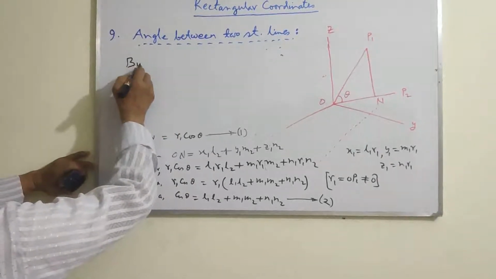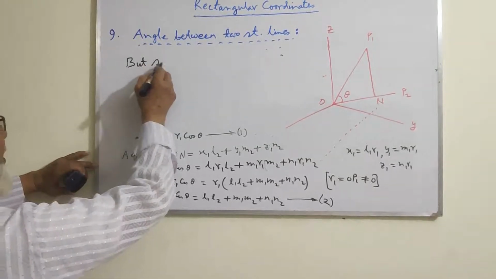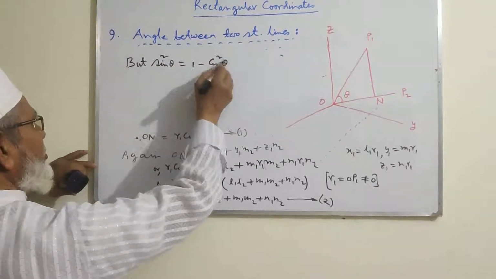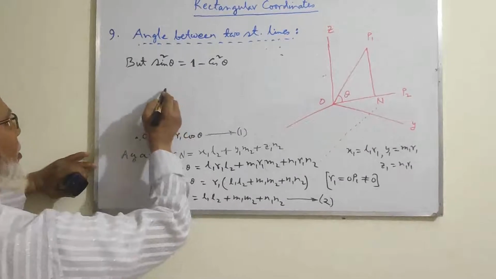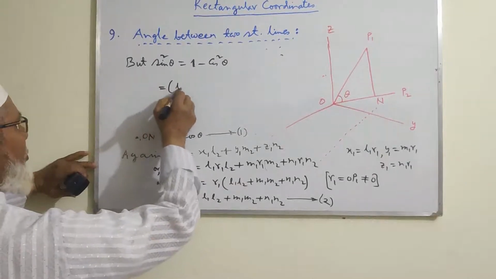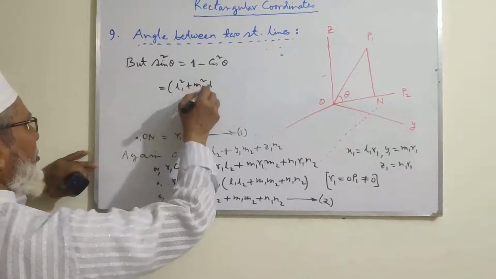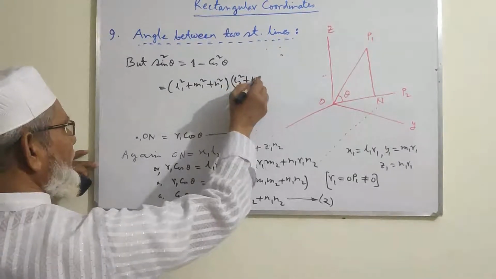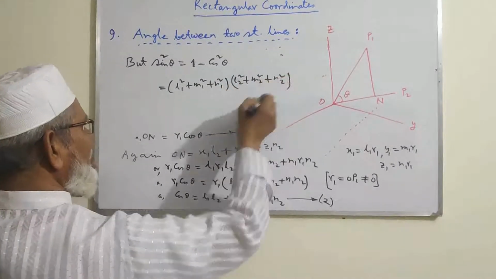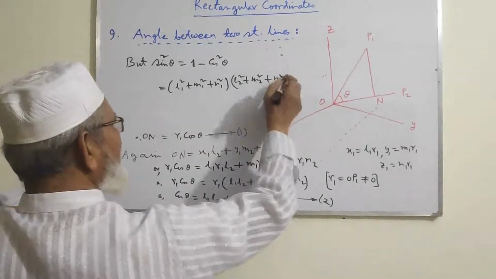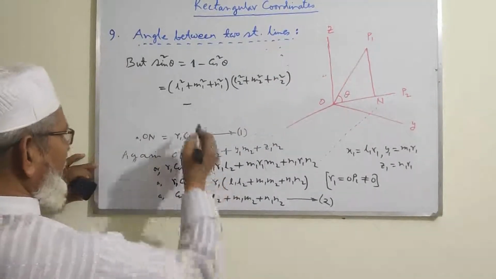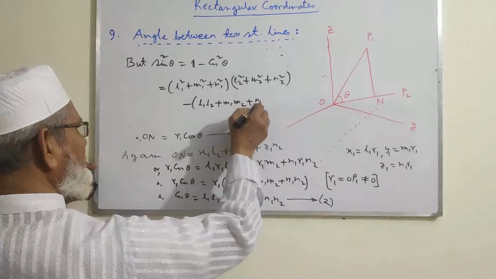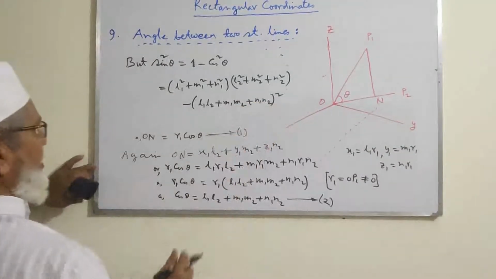But sin square theta is 1 minus cos square theta. This equals L1 square plus M1 square plus N1 square is 1, also L2 square plus M2 square plus N2 square is also 1, minus (L1 L2 plus M1 M2 plus N1 N2) whole square.